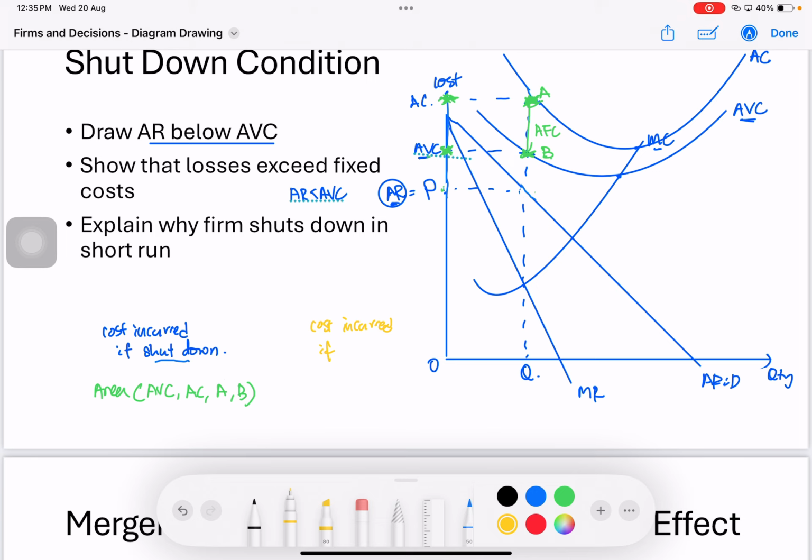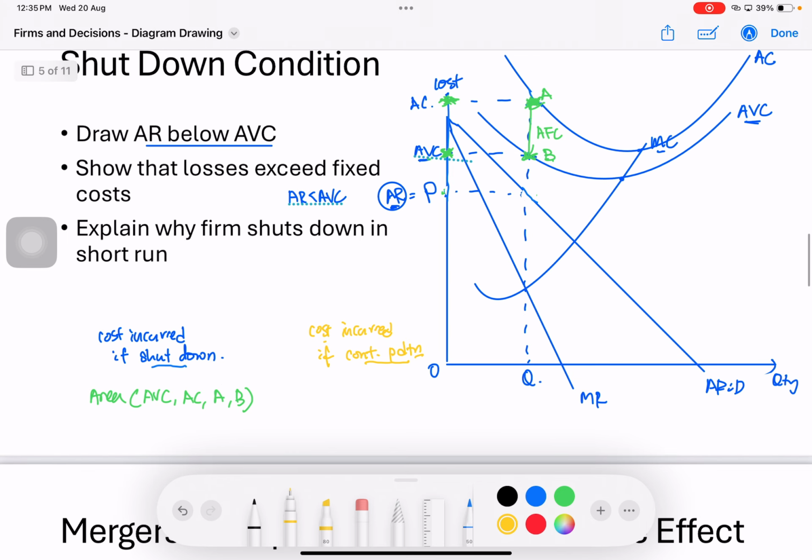If you continue production, cost incurred if you continue production. This is the AR that you are receiving. And if you are continuing production, because MR equals MC, this will be the average variable cost that you are incurring.